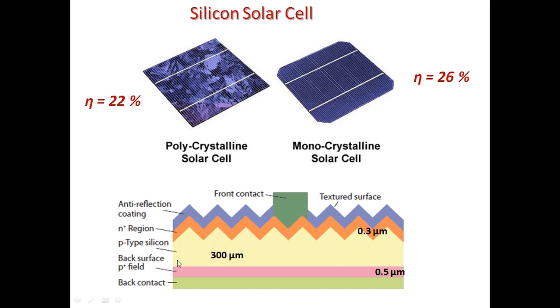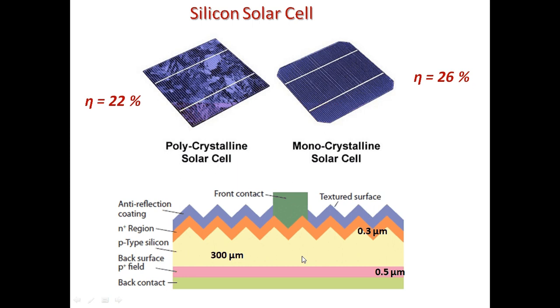And the reason you require such a thick silicon cell is that the absorption coefficient of silicon is very small. What I am trying to say is that you require a very thick material for all the photons to get absorbed in silicon. That is a drawback of silicon: though it has a very good band gap and is very abundant, at the same time the absorption coefficient is very low.